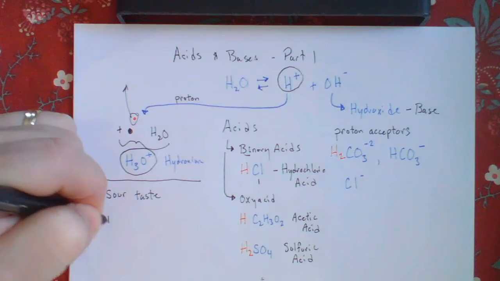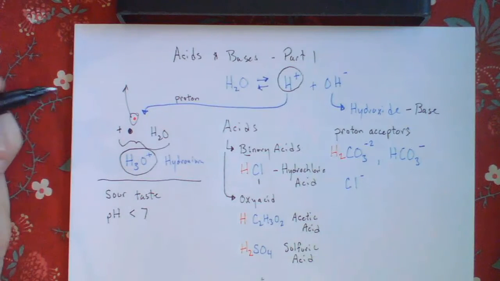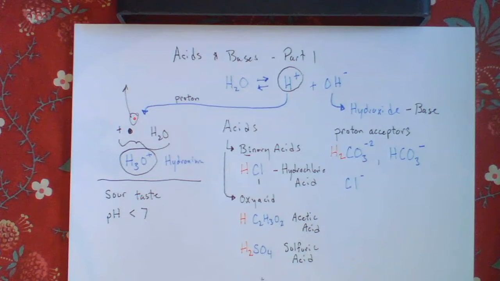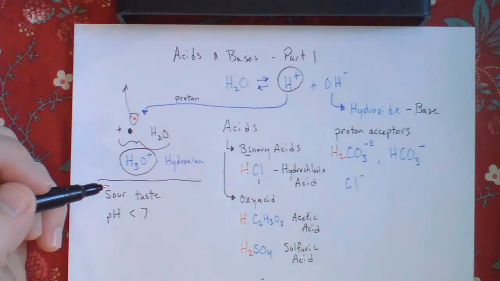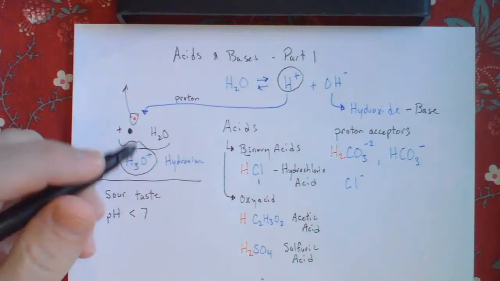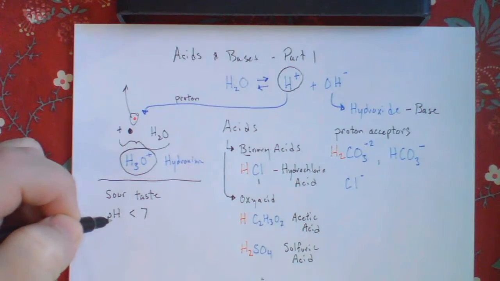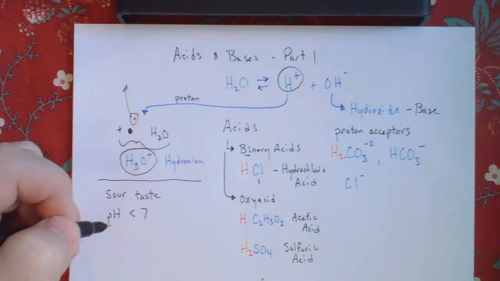If we see that the pH is less than 7, then we know that we're dealing with something that's on the acid level. If we look at it in terms of indicators, there are indicators that will shift one direction or another. We'll talk about indicators, but anything that turns a red litmus blue would be an acid.